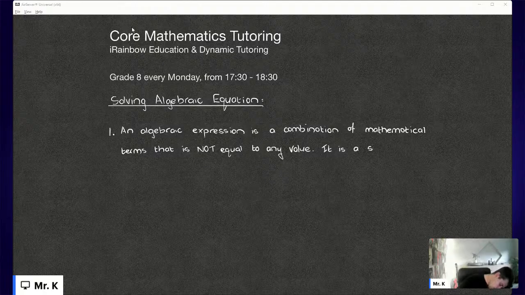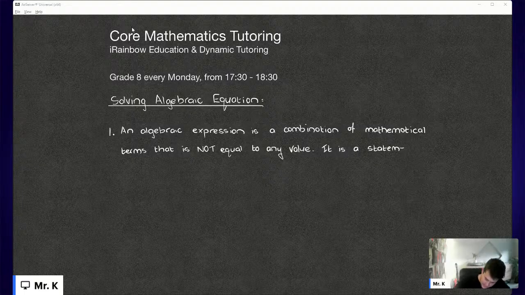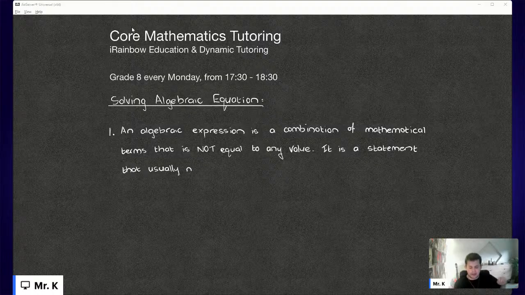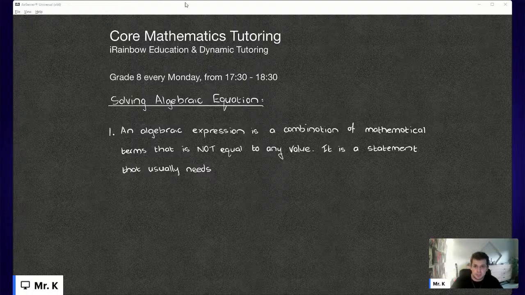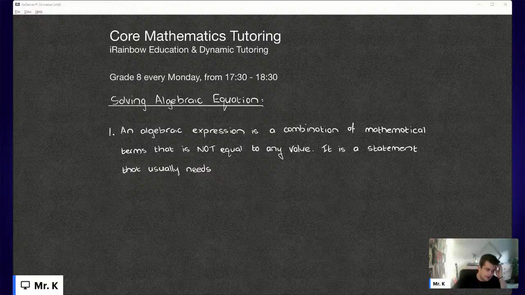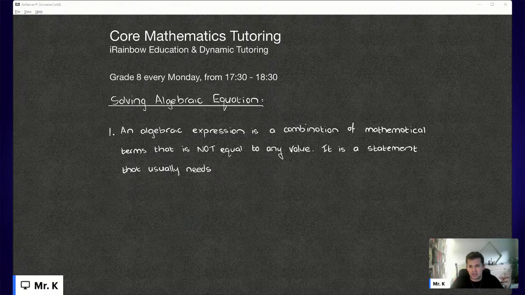So, an algebraic expression, guys, is a statement that usually needs to be simplified, right? So you need to start already understanding that the terms simplify and expression belong together, right? You can simplify an expression, but you cannot simplify an equation necessarily, right?